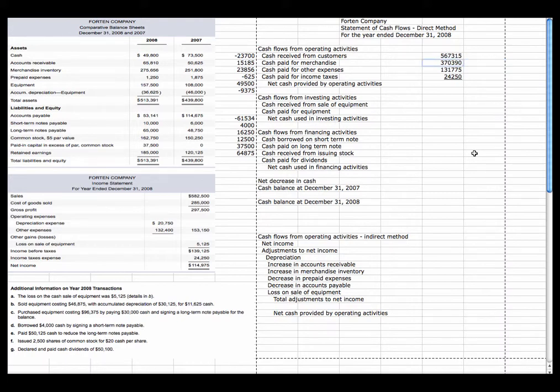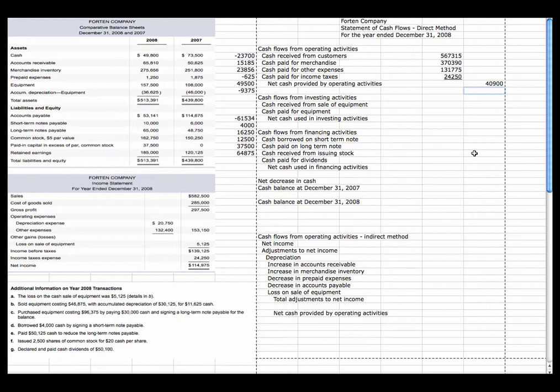So we want to do a formula that basically says take the increase, and take the decrease, minus another payment, minus another payment, and we should come up with net cash provided by operating activities of $40,900.